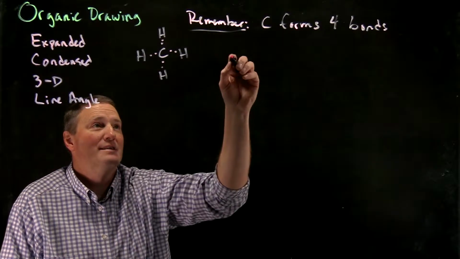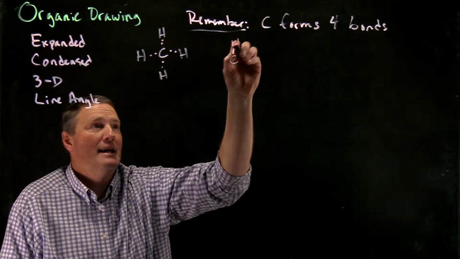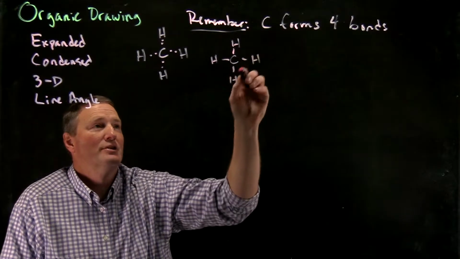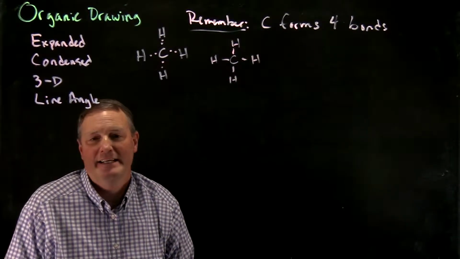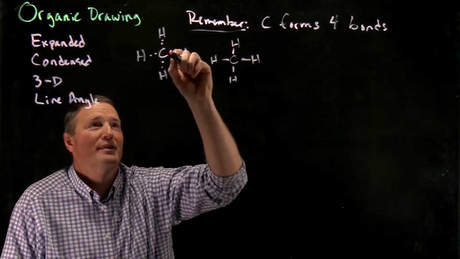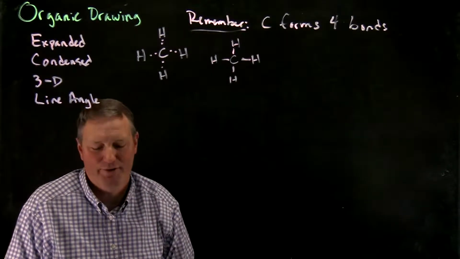We would then draw this as C, H, H, H, and H. Okay, so that represents methane, and notice that each of these straight lines represents basically a pair of shared electrons.